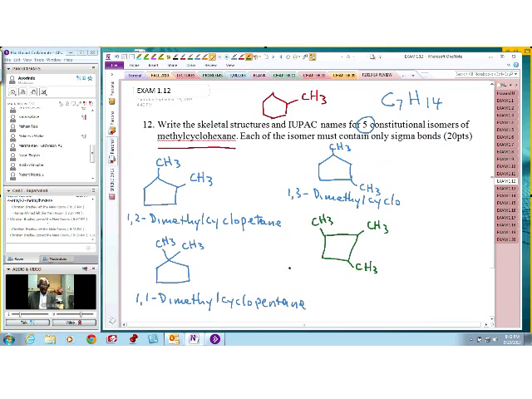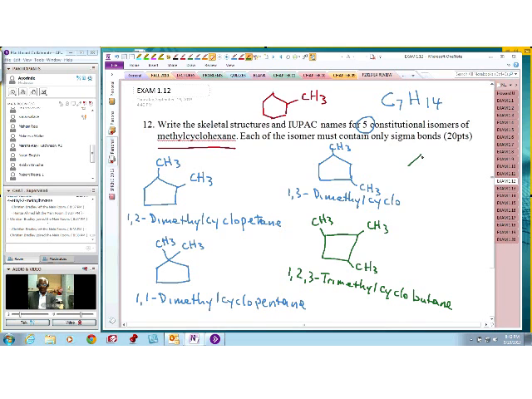So this becomes 1,2,3-trimethylcyclobutane. By the way, they do ask us to do the skeleton. Let me do the skeleton for this.